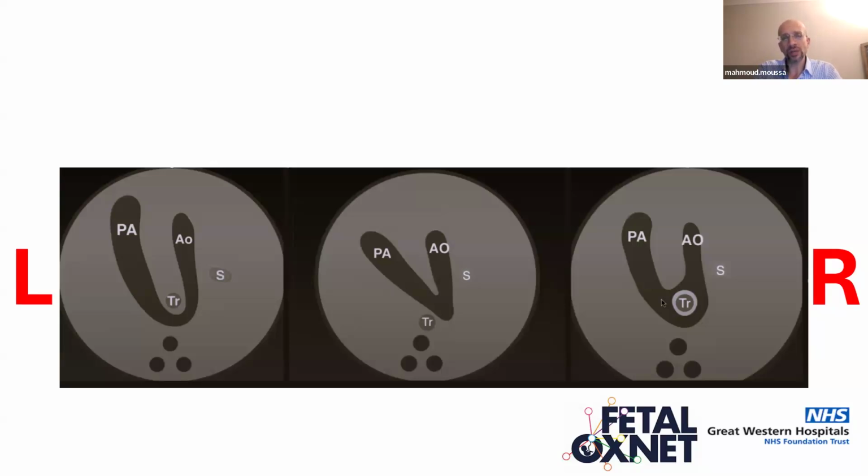If you see those images, on your 3-vessel trachea, the one on the left is a right aortic arch, and the duct is on the left, as you can see. The one in the middle is a right aortic arch, and the duct again is on the right as well.